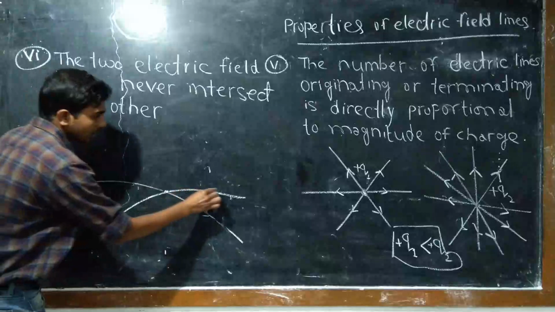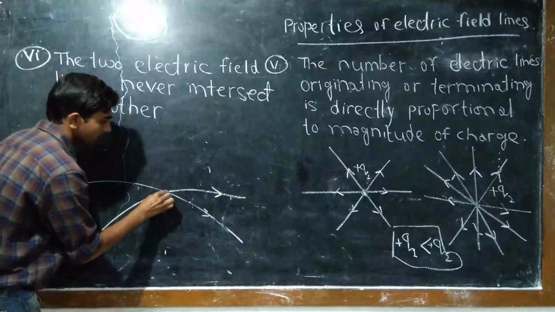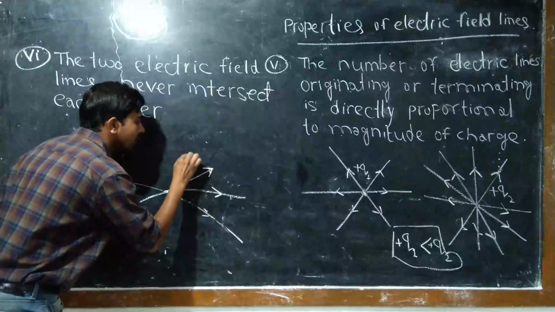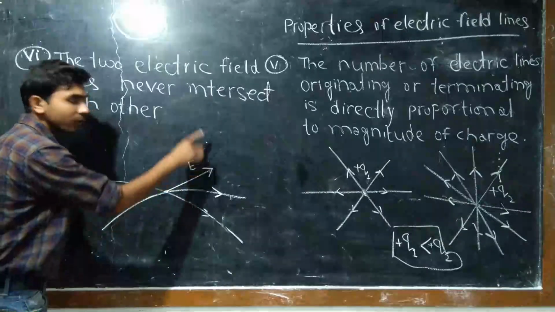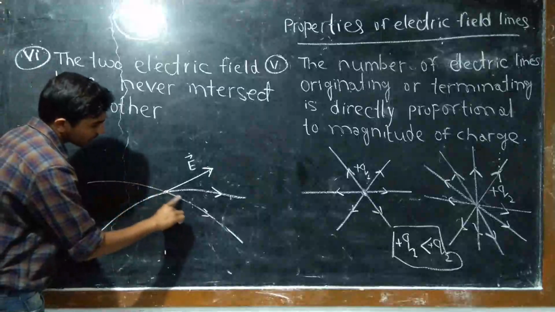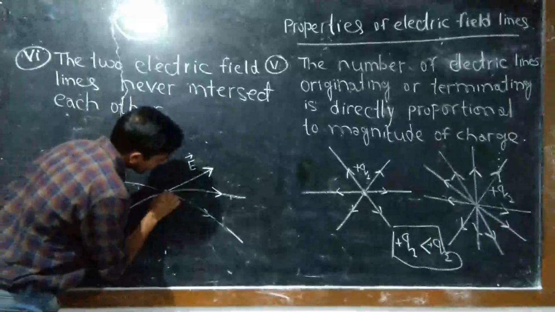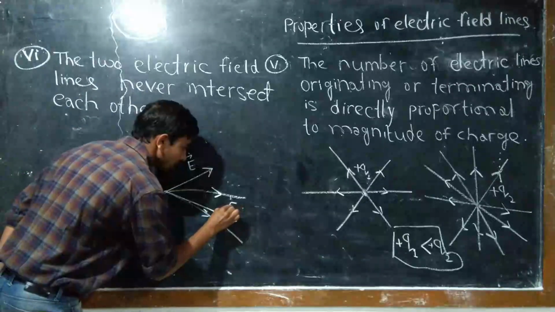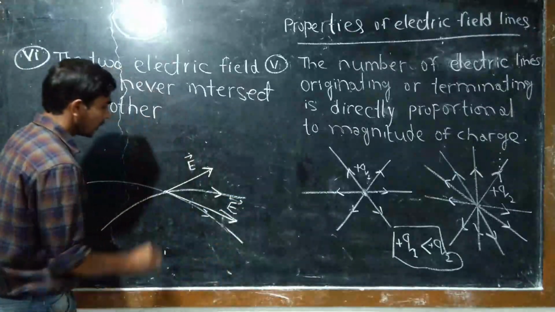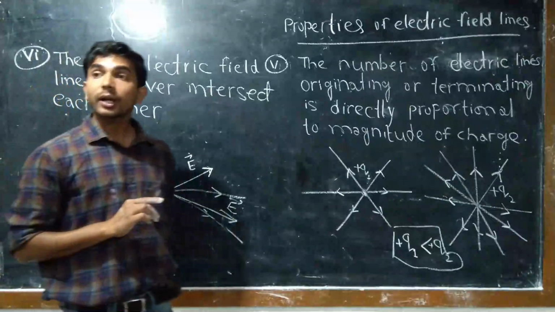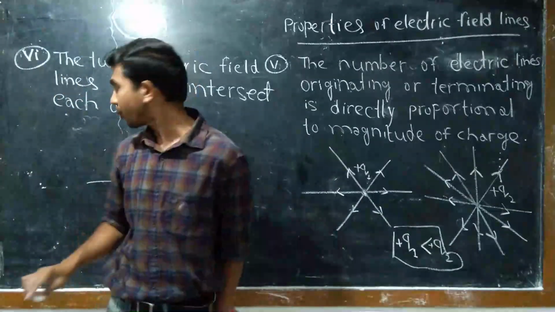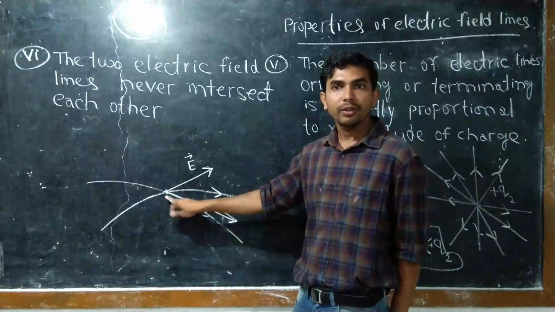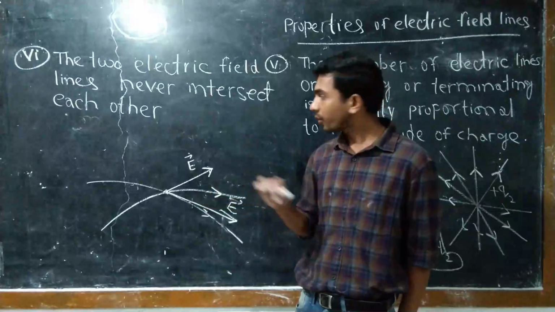So if I am going to draw tangent on this curve, tangent will come in this direction, so this tangent will give direction of electric field at this point in this direction, right? But suppose if I am going to draw tangent on this curve, right, so tangent will come in this direction, right? So you can see here at same point two directions of electric field are possible, which is not correct, right?